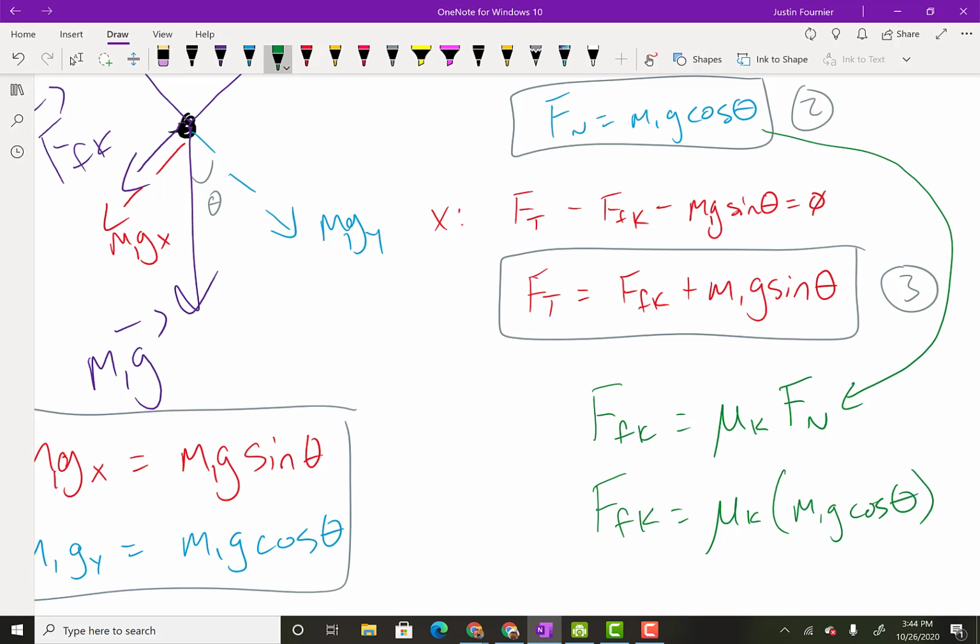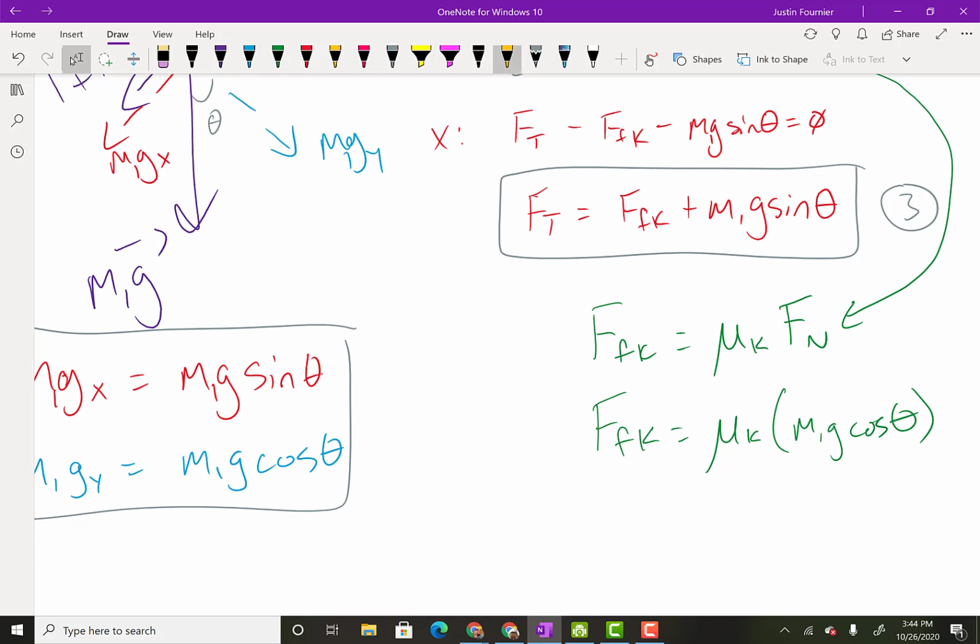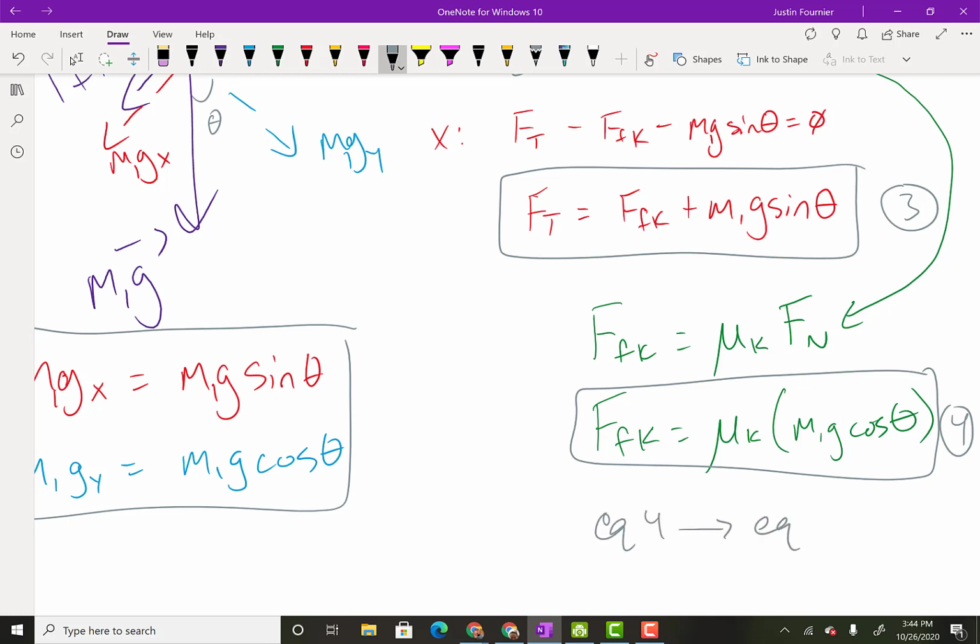And now that I got that, here is a fourth relationship that I've just found, and what I'm going to do is plug equation 4 into equation 3. So in other words, all this stuff is going to turn into what Ffk was.